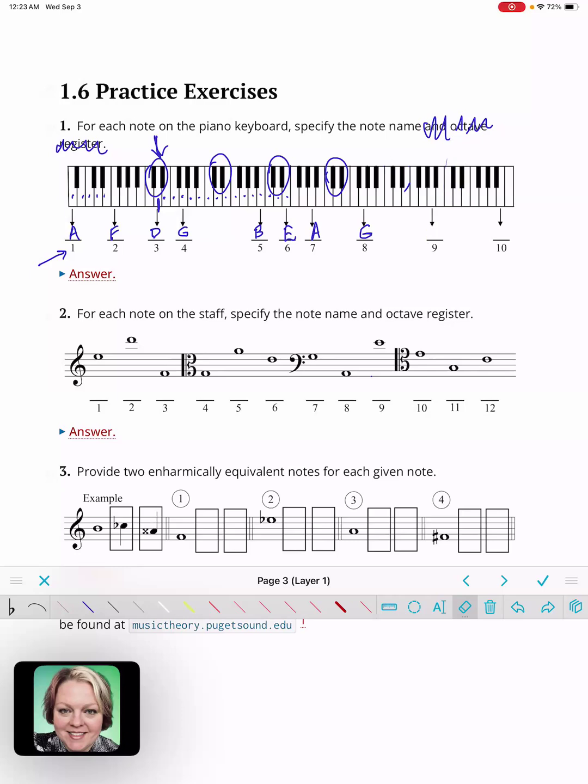So you'll want to use one of those methods for figuring out what the key names are, because you can't just say, okay, the first one on the left is always going to be an A, and then go A, B, C, D, E, F, G after that, because you might get a cross section of the keyboard that's this wide. This first white key here on the left is not an A, that's a C.